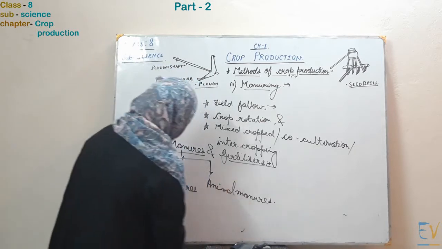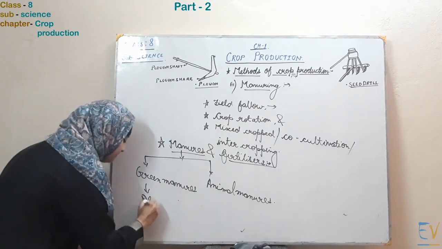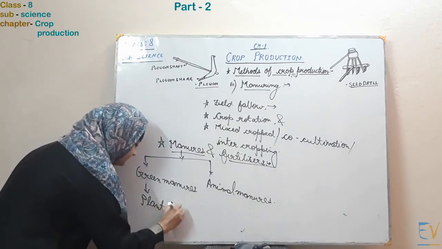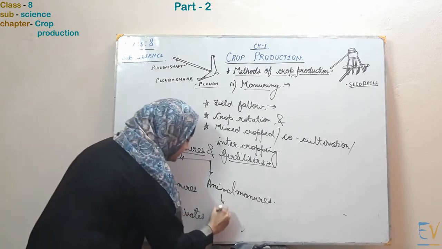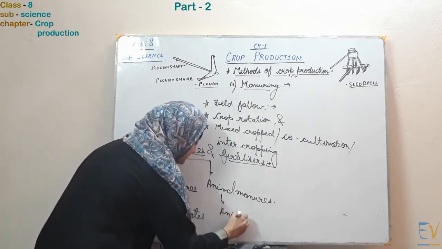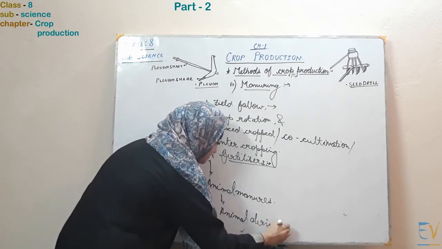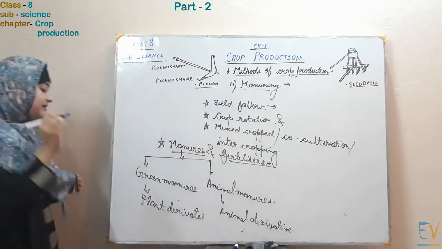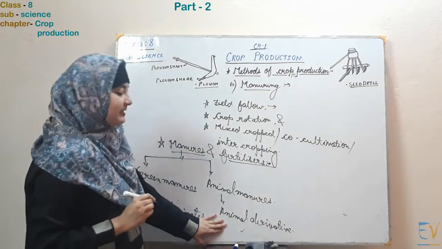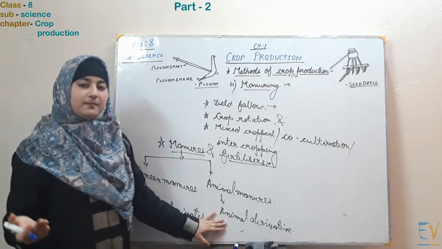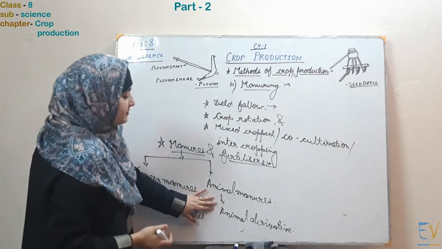See, green manures are plant derivatives, and animal manures are animal derivatives. Means green manures are generally formed by dead and decaying plants, and animal manures are generally formed by dead and decaying animals or animal products. Okay, so this is the main difference between green manures and animal manures.